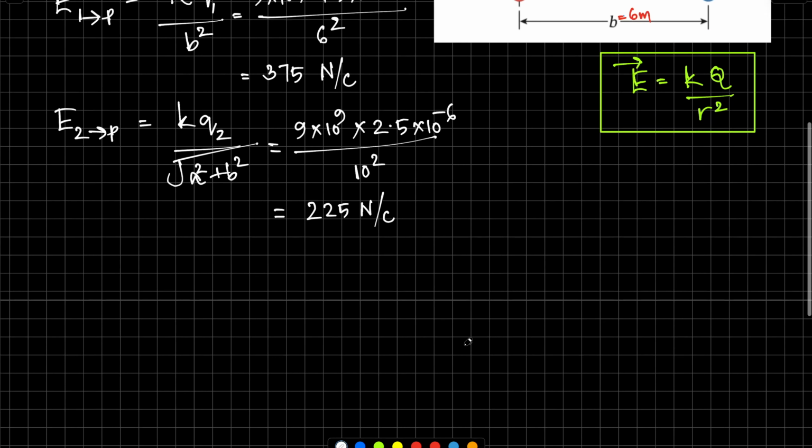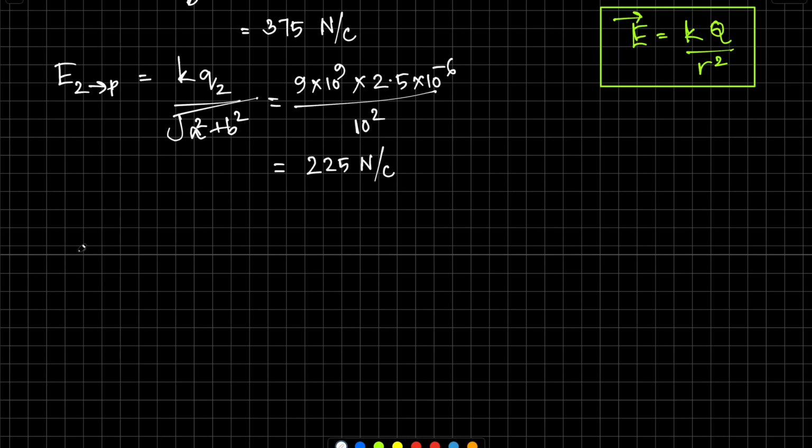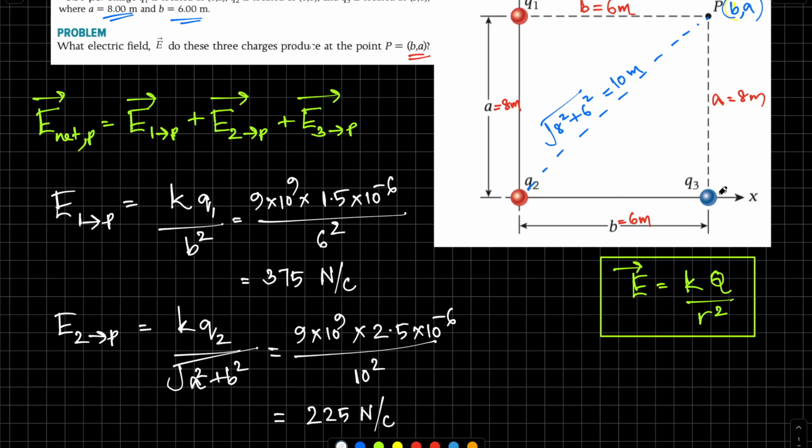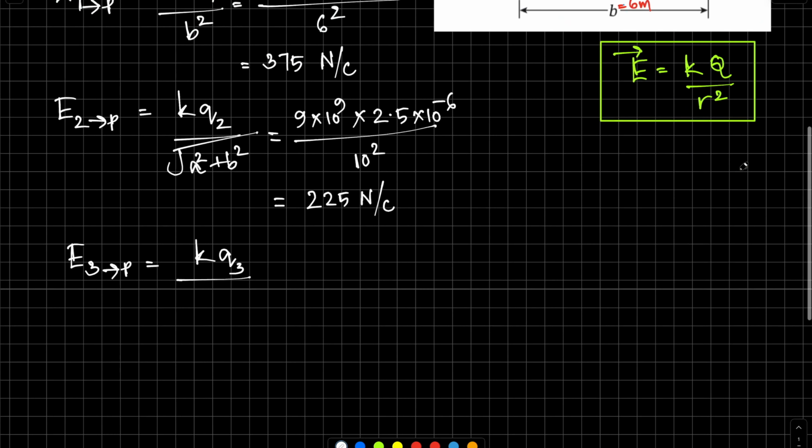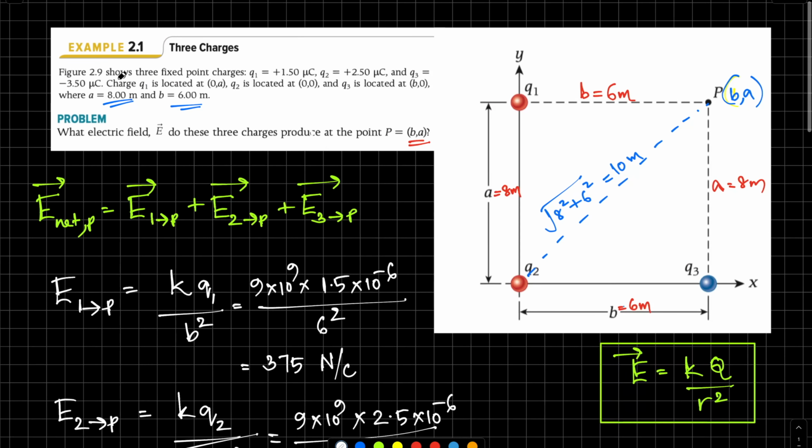Now the last one, E3, the electric field by charge 3 at point P. The equation will be KQ3 by the distance between Q3 and P, which is A, 8 meters. So A square. Substitute the values. 9 times 10 to the power of 9. Q3 is minus 3.5, but we are finding the magnitude, so I ignore the sign for now.